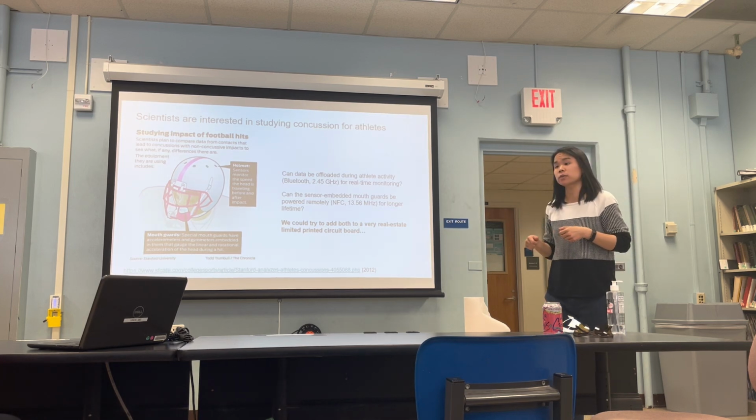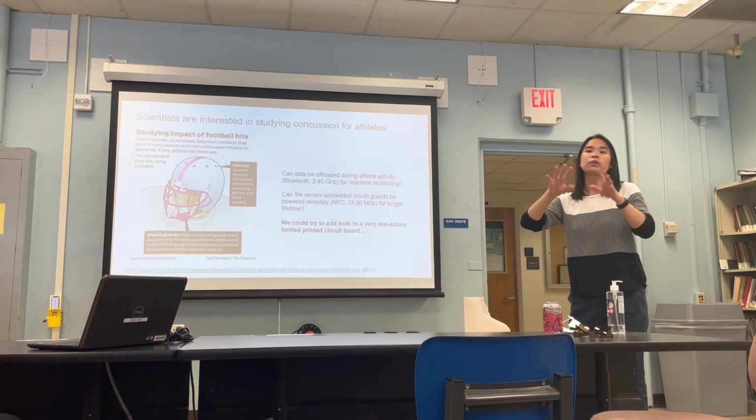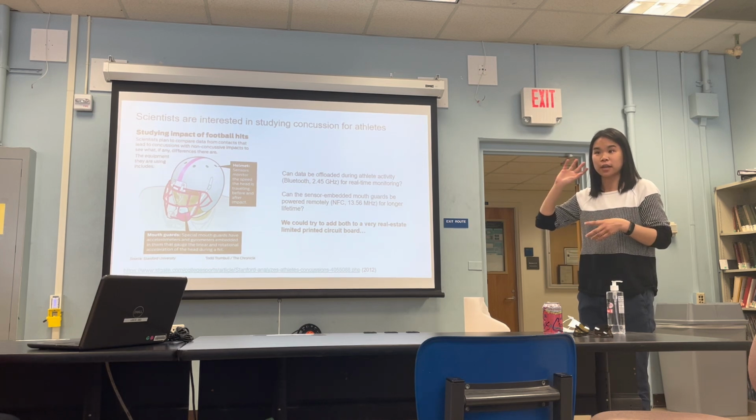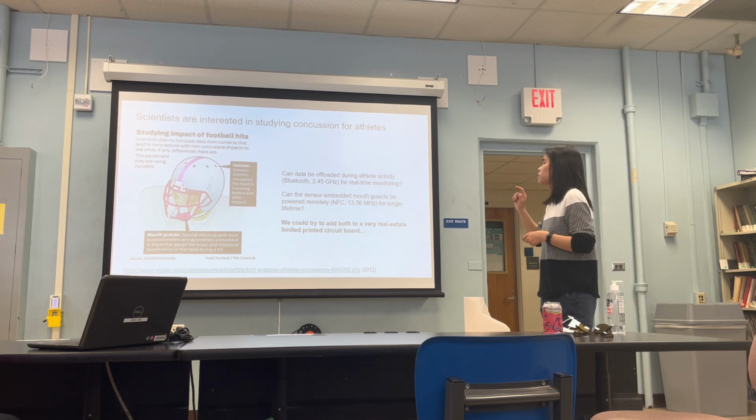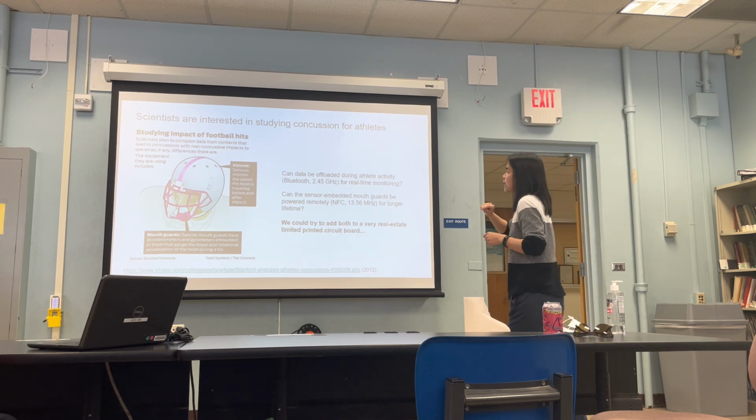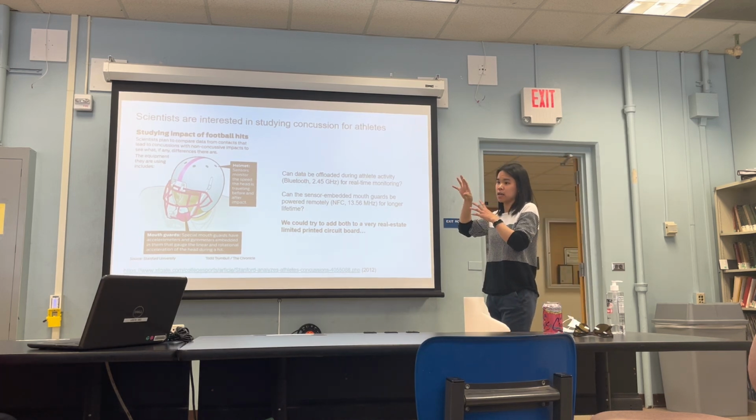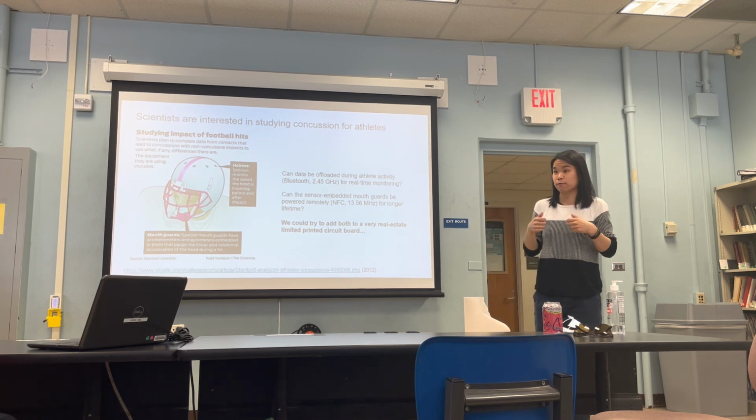Lawrence Livermore is also looking at it, doing modeling of the brain and the concussion effects. But at Stanford, there were some professors who were interested in adding sensors into the helmet and the mouth guard to look at how different impacts during football activity would result in concussion or non-concussion.